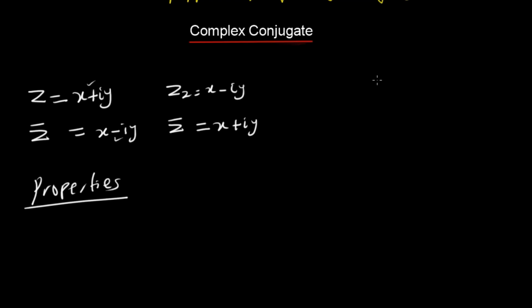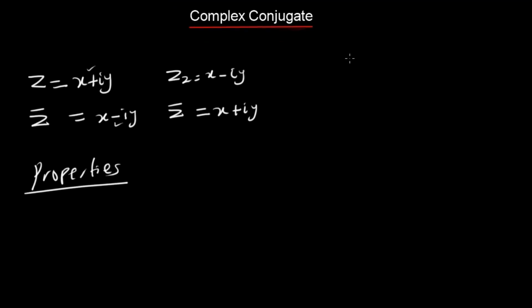Now, how do we define complex conjugates in terms of the graph of real numbers and complex numbers? If you have a graph, just like we have seen, these are the x-axis and the y-axis. But in the last video, I told you about the real axis and the imaginary axis.